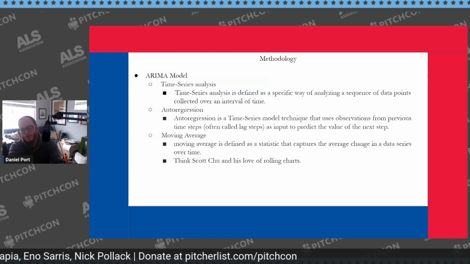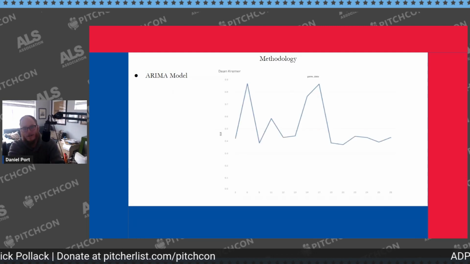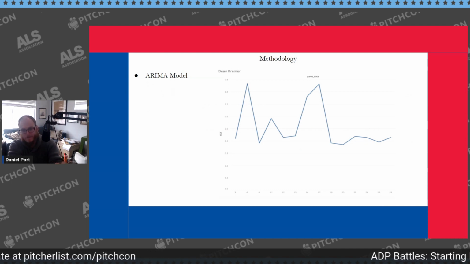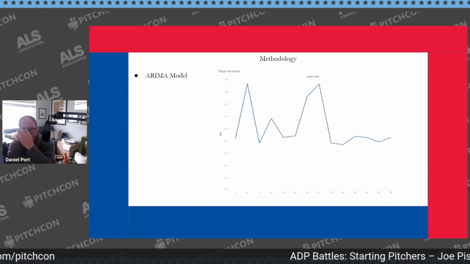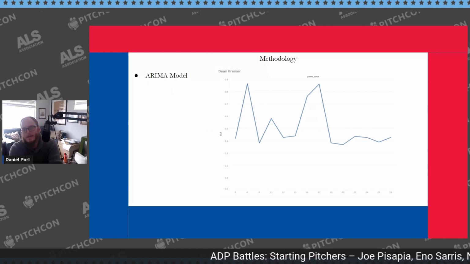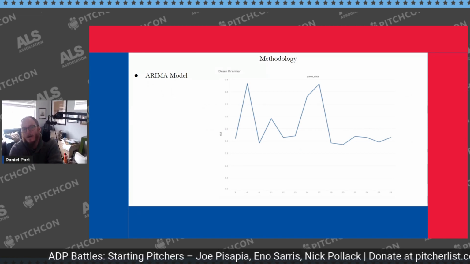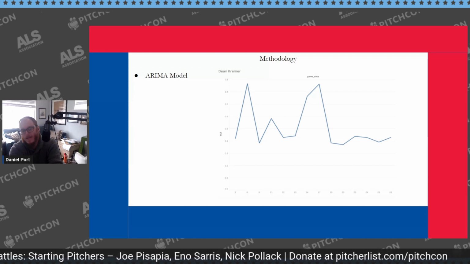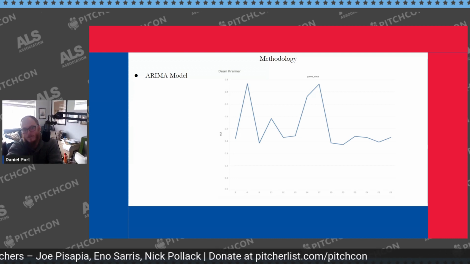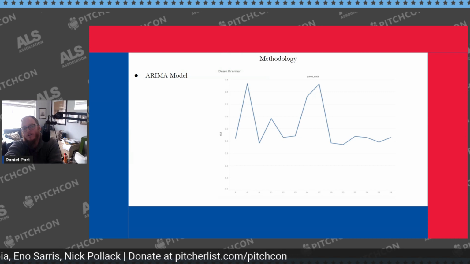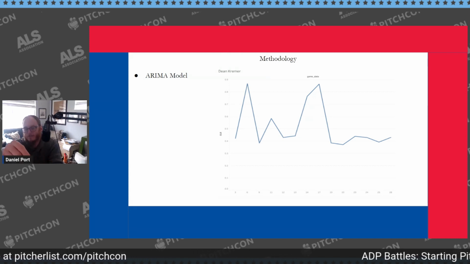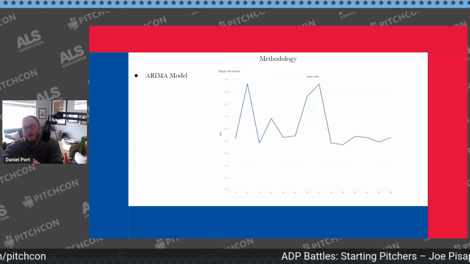Now, this becomes important because as you start looking at something like a moving average like this, right? What I did with the ARIMA models, I told it, okay, you take all this information and the moving average into consideration. And you can see here how this is essentially charting how Dean Kramer's final OLR in the season changed after each game, so to say, right?